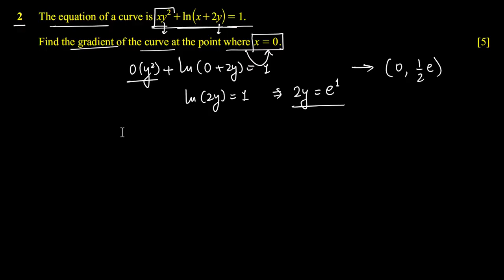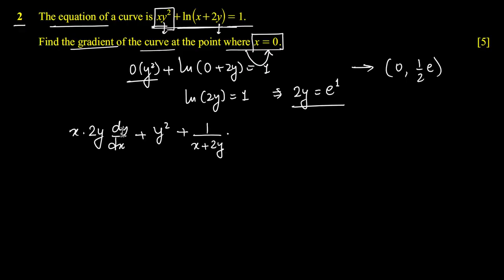This one is going to be the product rule: x times the derivative of the second function, y², which is 2y dy/dx, plus the second function as such, and the derivative of x is just 1, so I leave it as y². Plus the derivative of ln f(x) is 1 over f(x) into f′(x), so this is going to be 1/x.